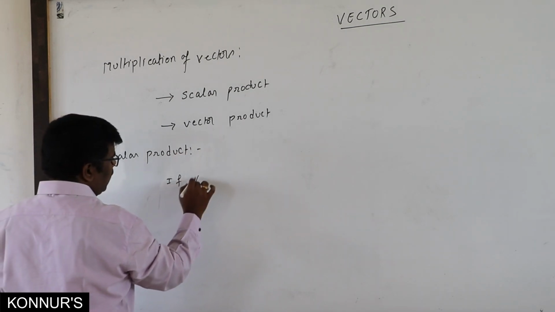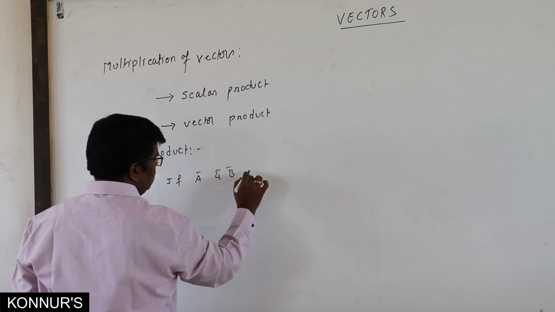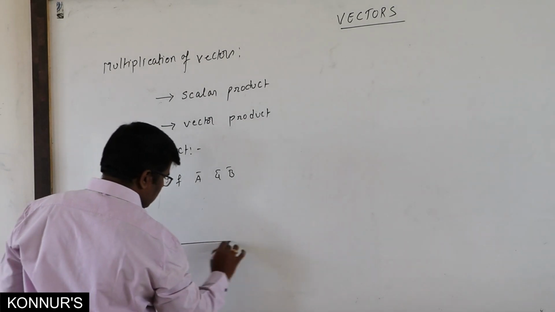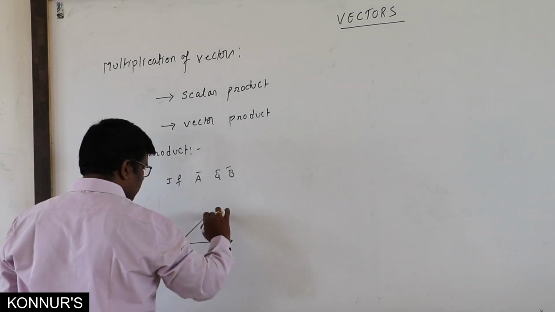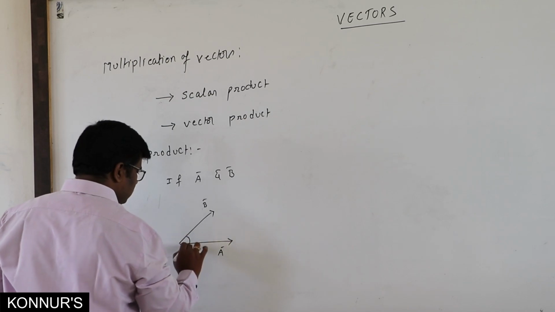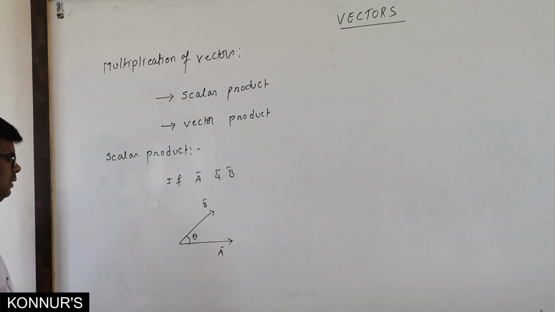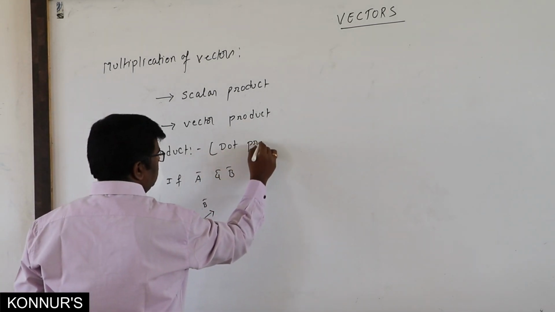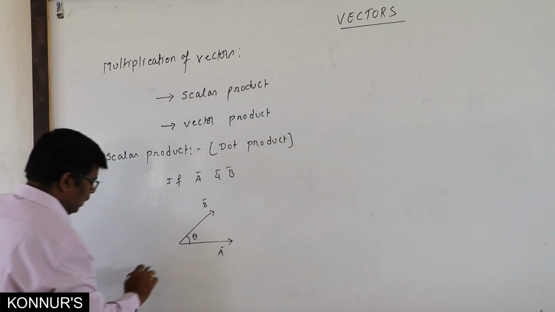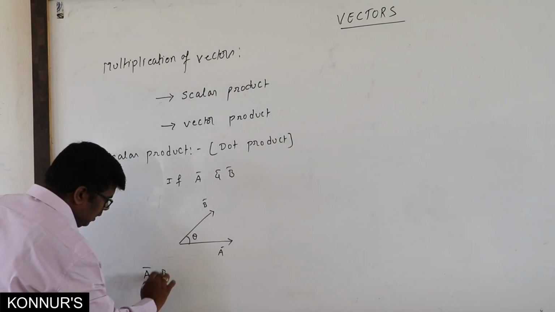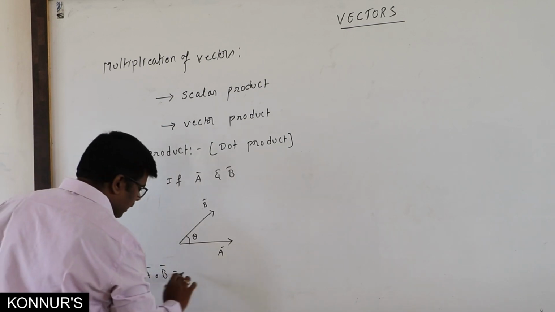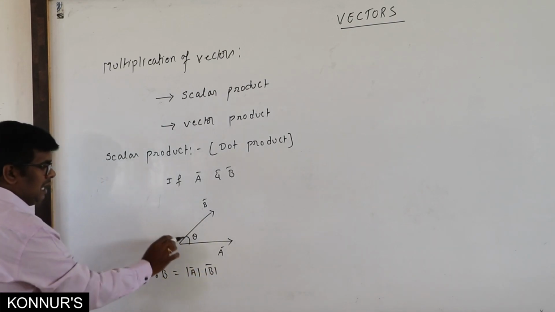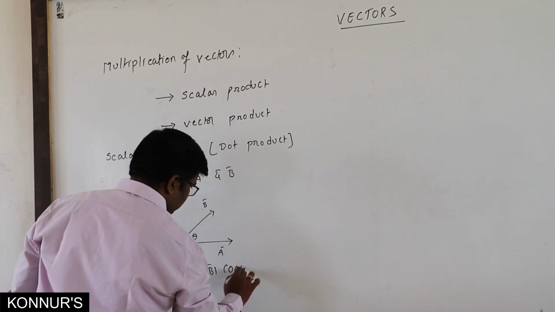Now when we discuss the scalar product, if A bar and B bar are two vectors, and the angle between A bar and B bar is theta, the scalar product, which you can also call the dot product, is A bar dot B bar, equal to the magnitudes of those vectors, modulus of A and modulus of B, times the cosine of the angle between them, that is cos theta.